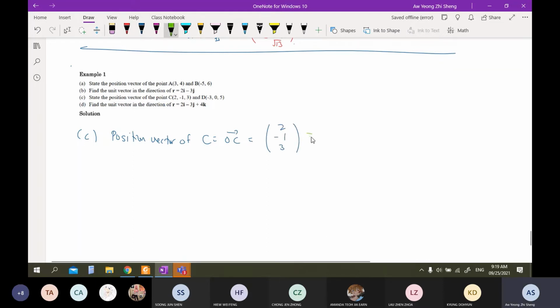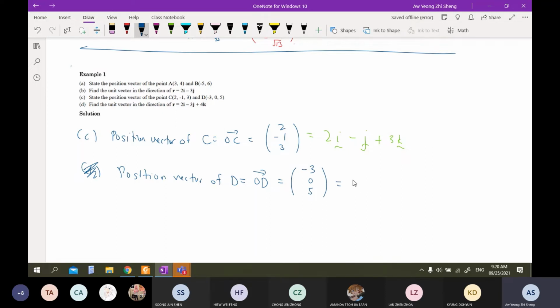If you prefer, you can of course write in terms of ijk, that's 2i minus j plus 3k. Still in part C, the position vector of D will be OD, which is (minus 3, 0, 5).